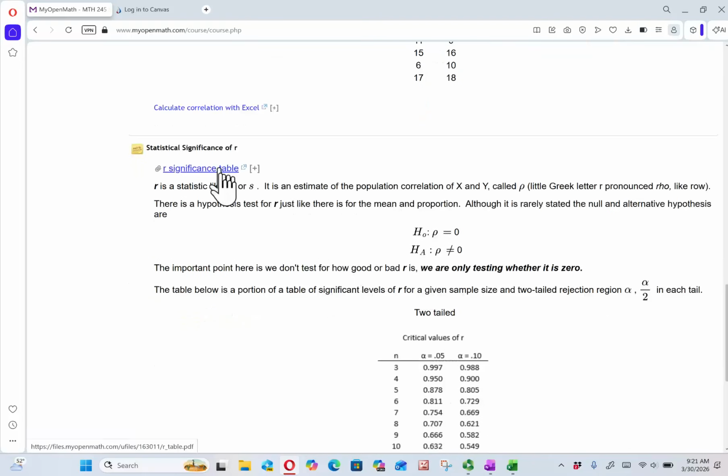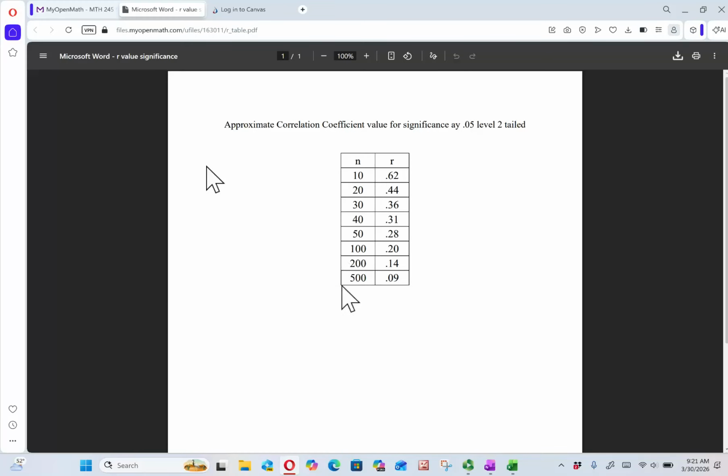And if you look in there, there's statistical significance of R. There's a link there to a significance table. And for 10 observations, it takes an R of 0.6 to be significant at the 0.05 level two-tailed.